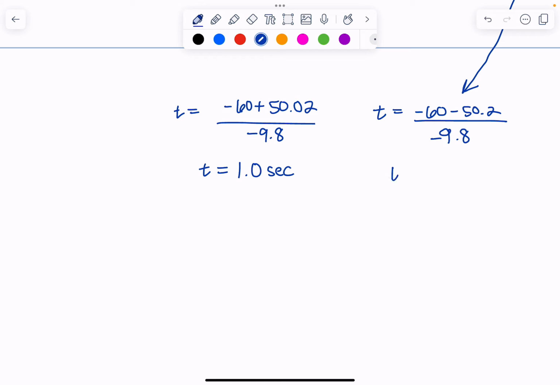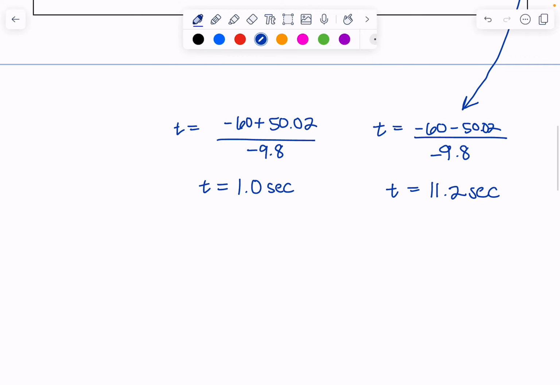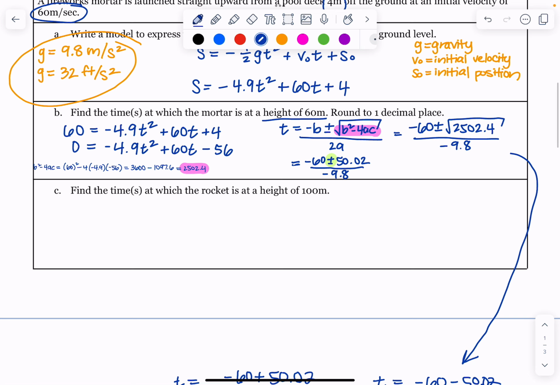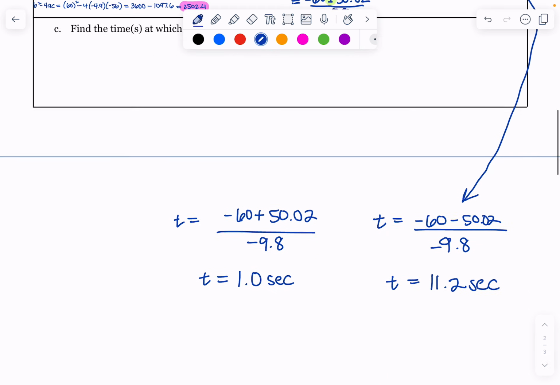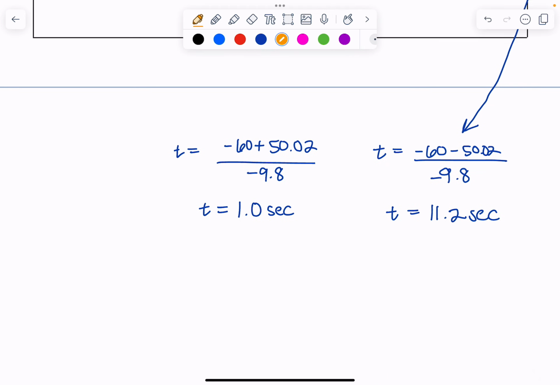And for this one, I'm going to get 11.2 seconds. So to answer the question, it says find the times at which the mortar is at a height of 60, round to 1 decimal place, at 1 second and at 11.2 seconds. This will be at a height of 60.